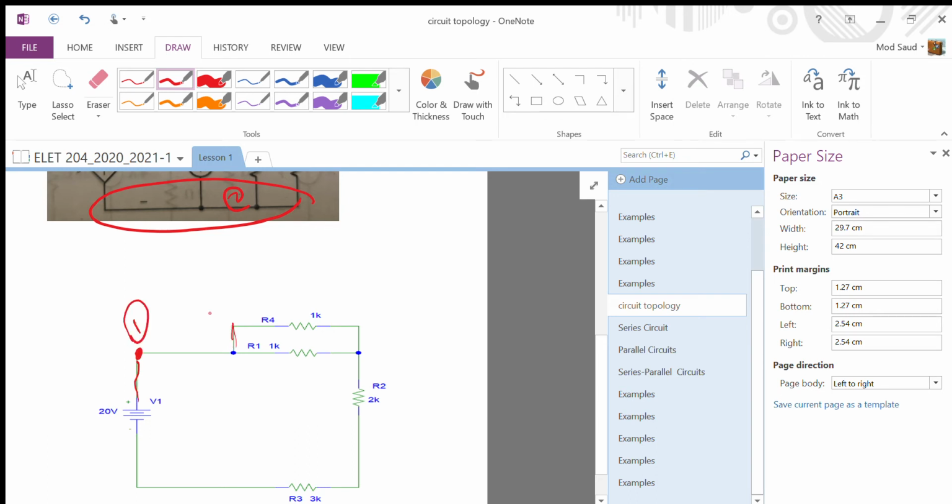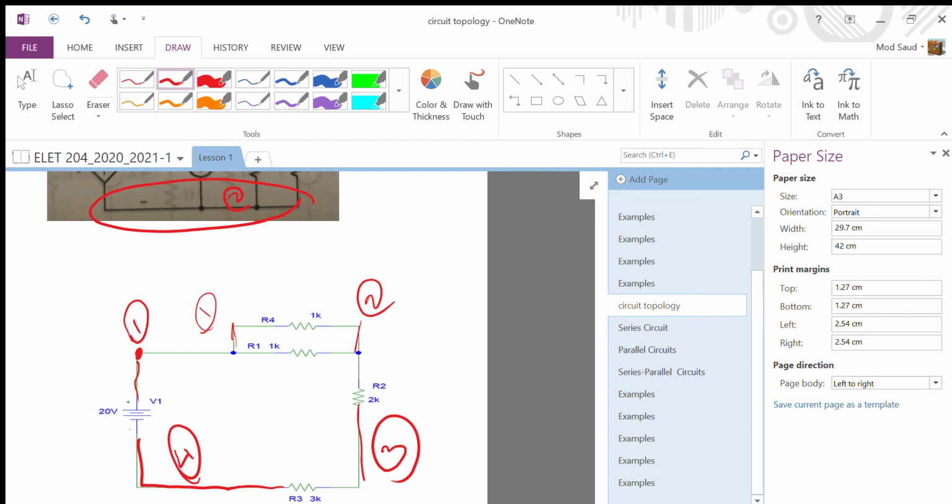Again, this is one, second node, third node, and this is the fourth node. So it is four nodes.